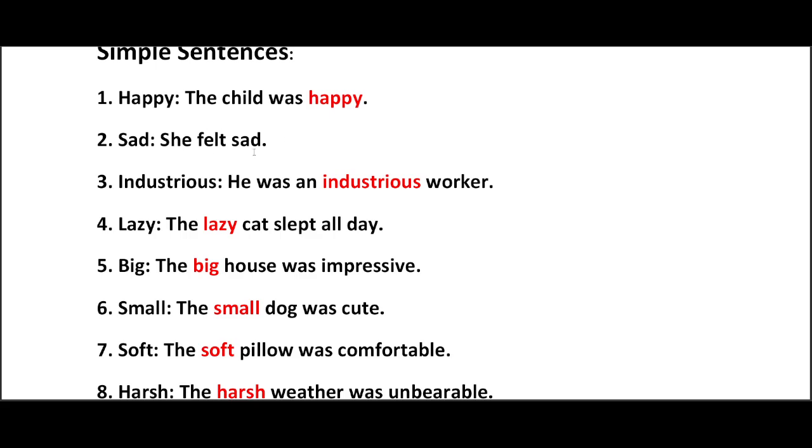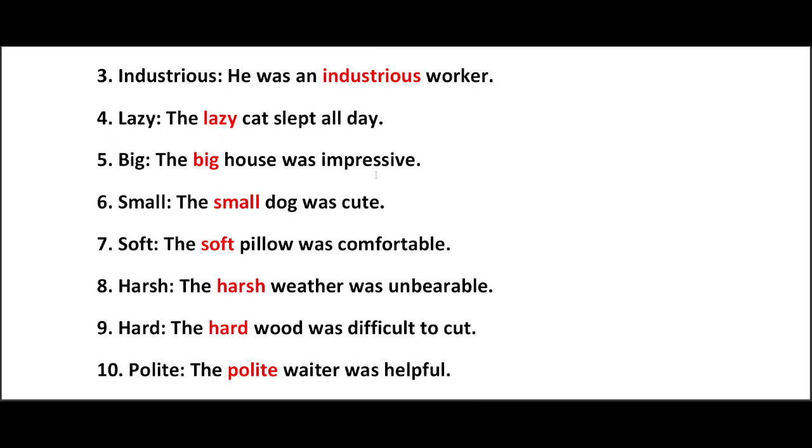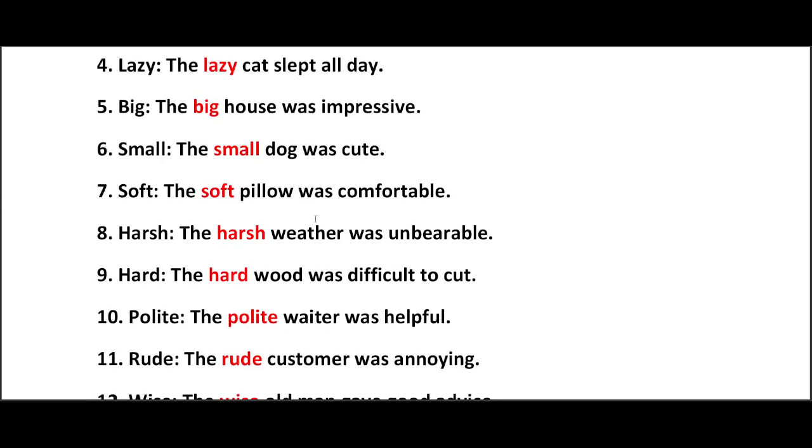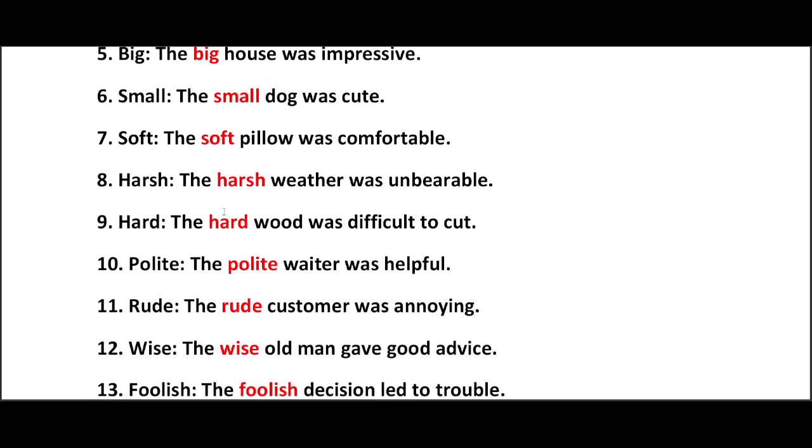She felt sad. Industrious, he was an industrious worker. Lazy, the lazy cat slept all day. Big, the big house was impressive. Small, the small dog was cute. Soft, the soft pillow was comfortable. Harsh, the harsh weather was unbearable. Hard, the hard wood was difficult to cut.